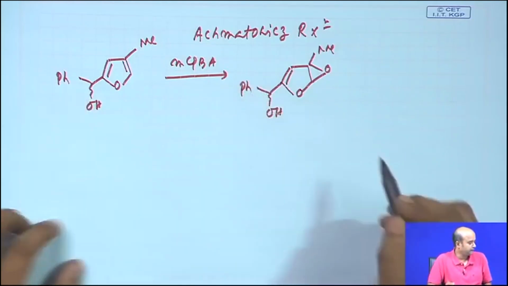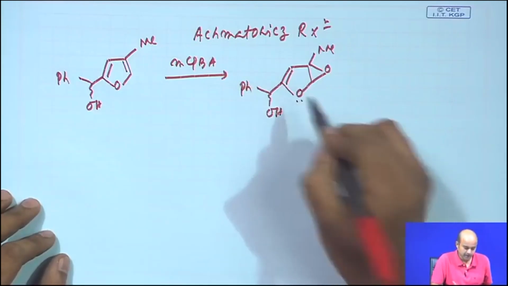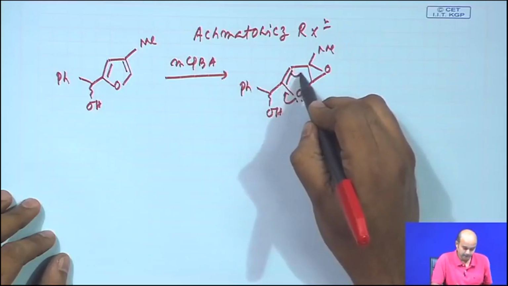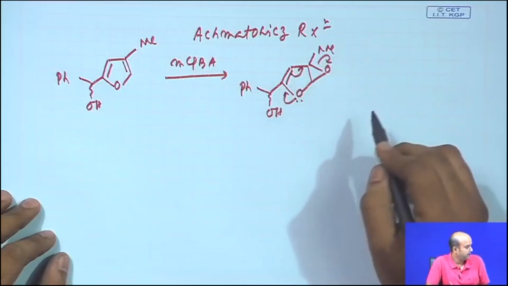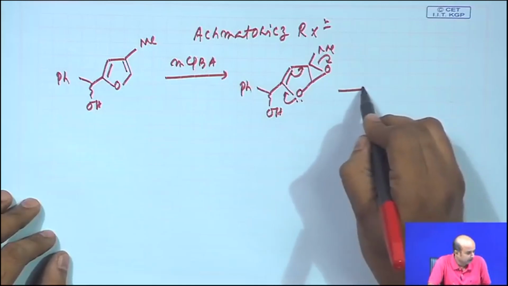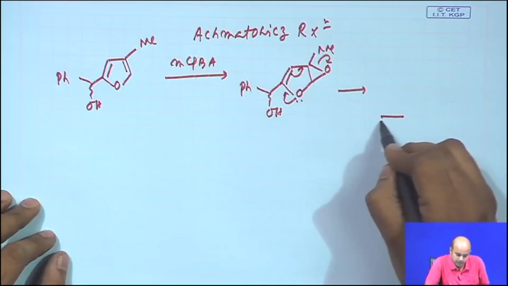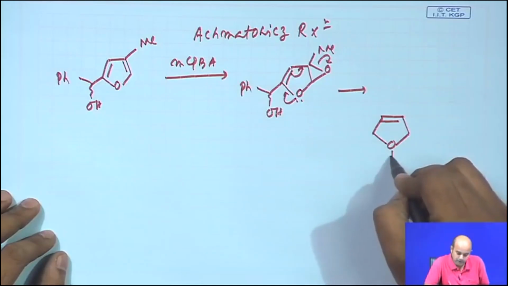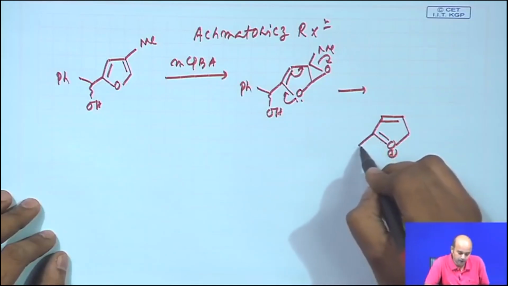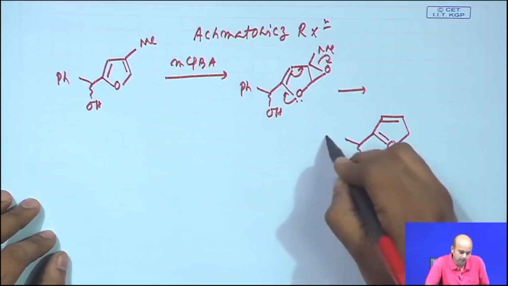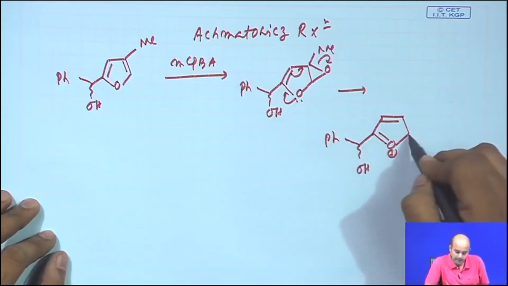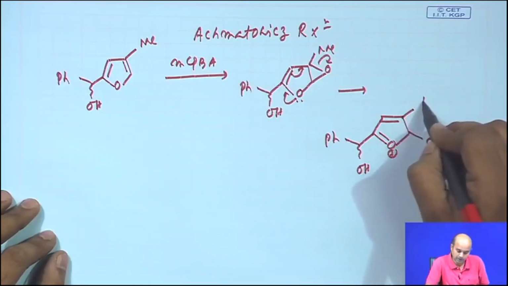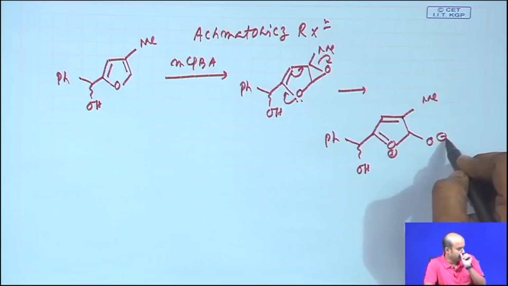I take a simple furan like this, and then a reaction something like this takes place to open up the epoxide. So, try to put the proper arrow. This oxygen now becomes an oxonium species, and you have this OH and phenyl here, and this epoxide opens up to give you this alkoxide, a simple epoxide opening.